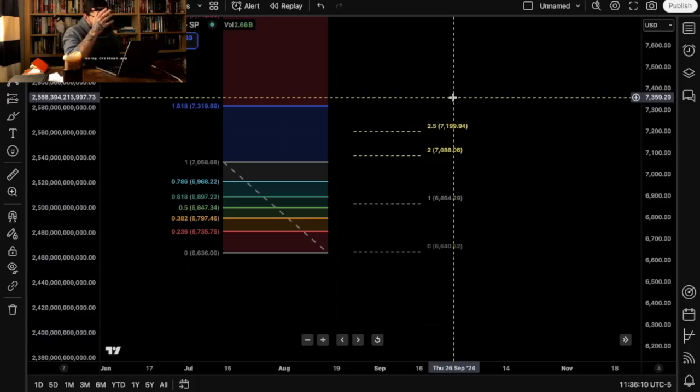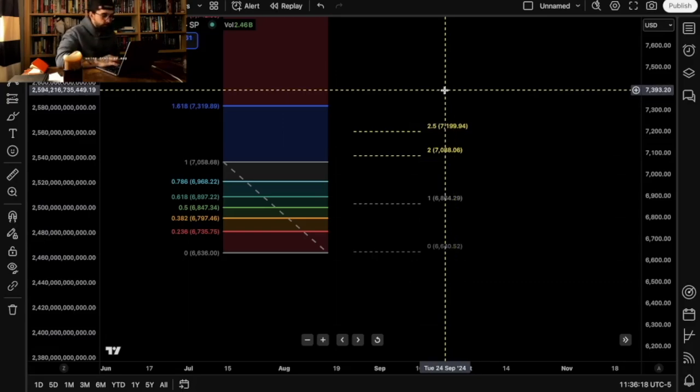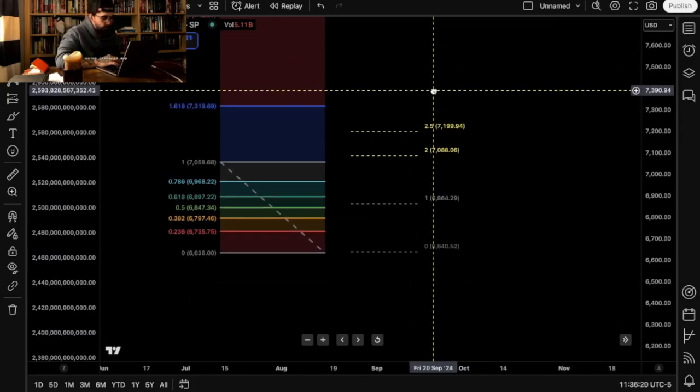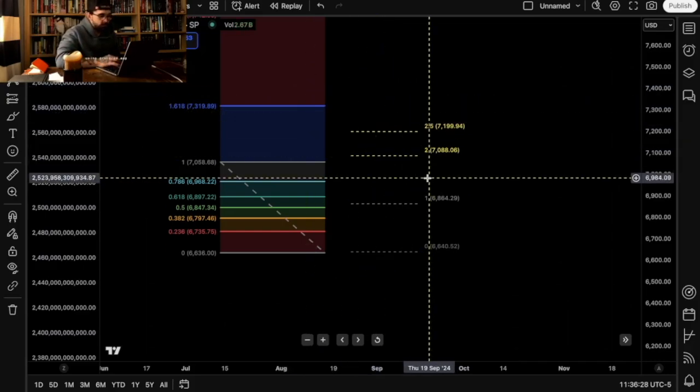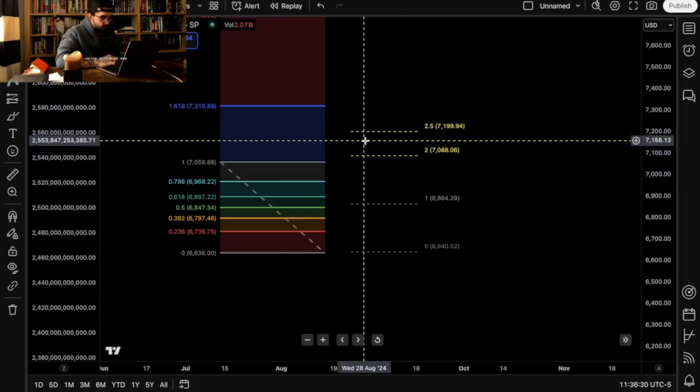I'll go through the two variations that I use and the levels that I use, and then we'll put it into practice a bit. So we'll go through a bit of back testing and aligning confluences with the Fibonacci levels to snipe entry points. All right guys, cool.